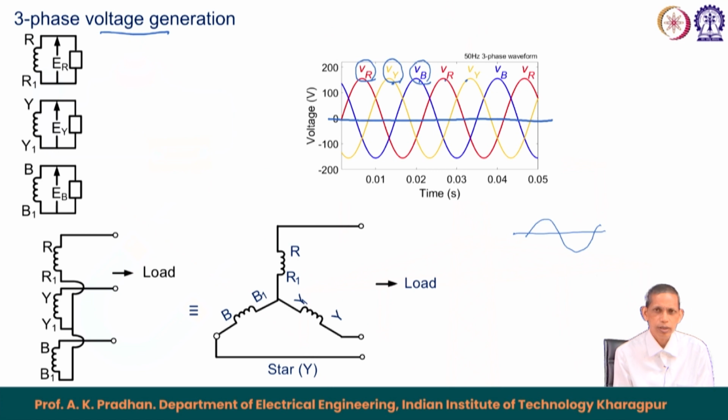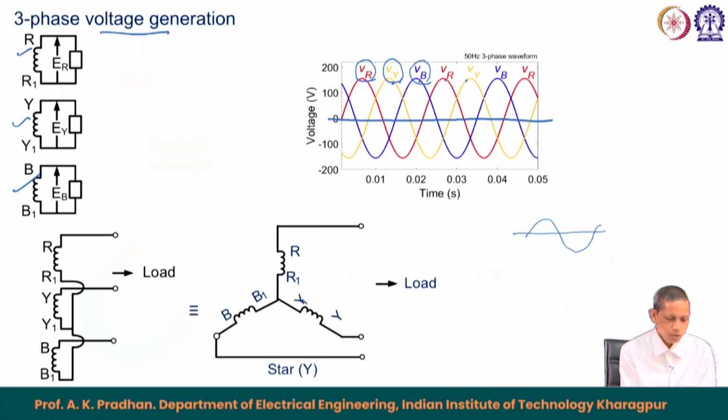In a 3 phase alternator we have a distributed winding and we have different phases, typically called the red phase, yellow phase and blue phase, as mentioned here. So, these are the 3 phases, the R phase, Y phase and B phase.